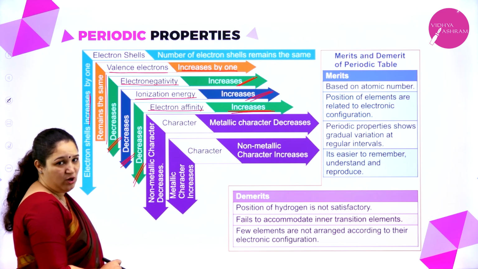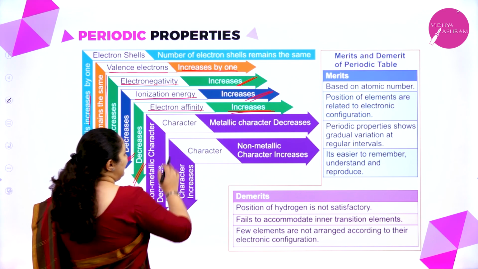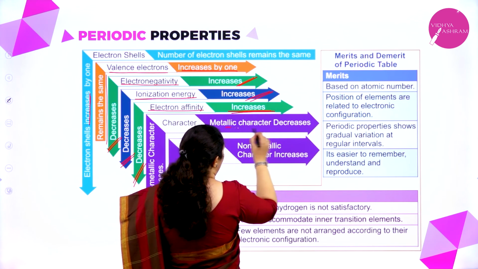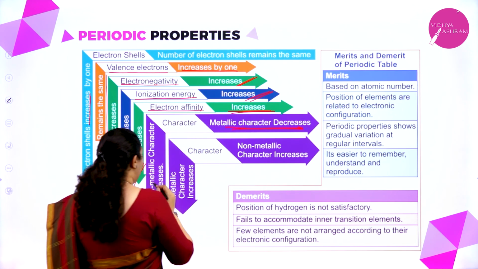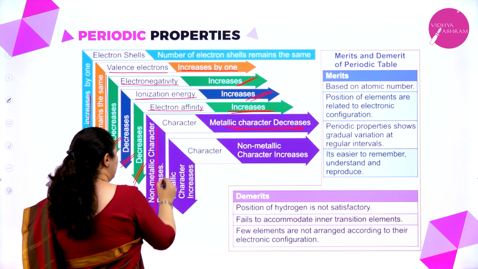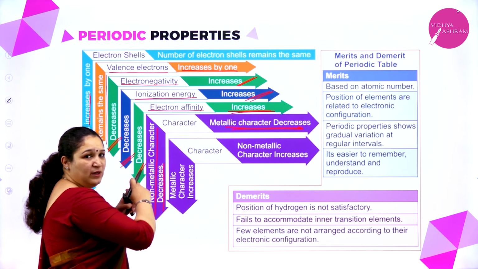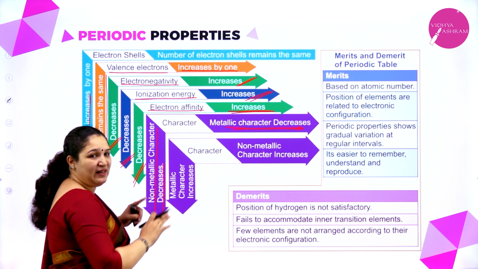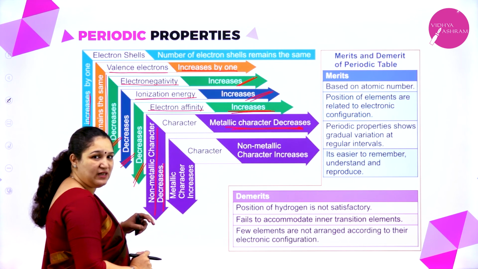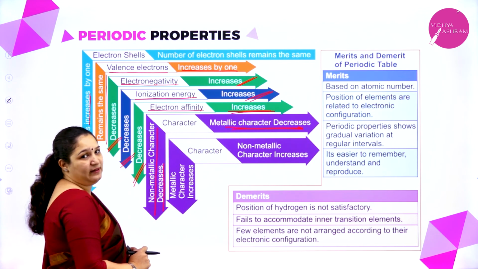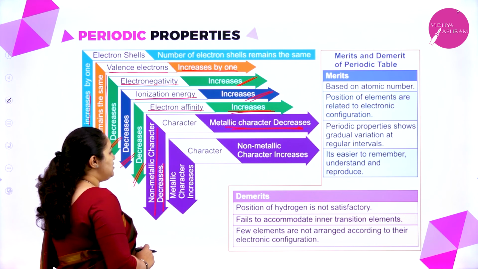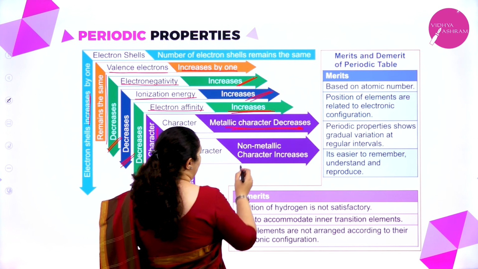Coming to metallic and non-metallic character. Metallic character decreases as we move along the period, but increases as we move down the group. So along the period what is decreasing? Metallic character. Down the group what is decreasing? Non-metallic character.